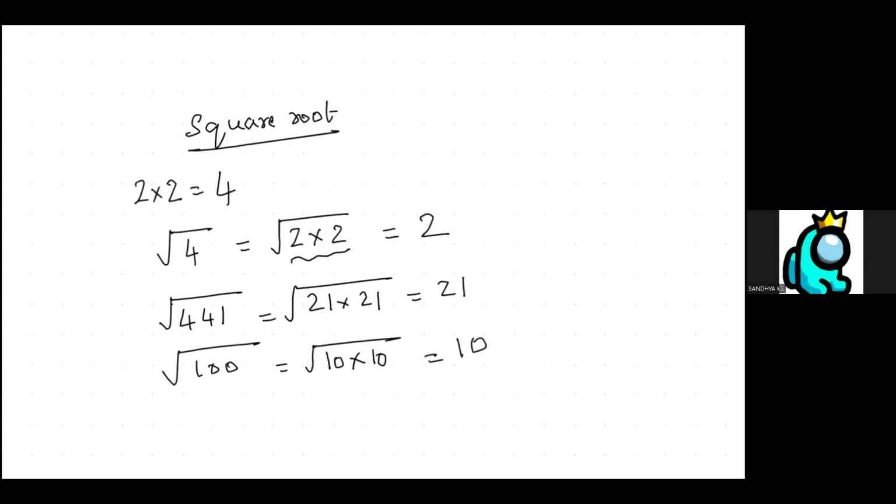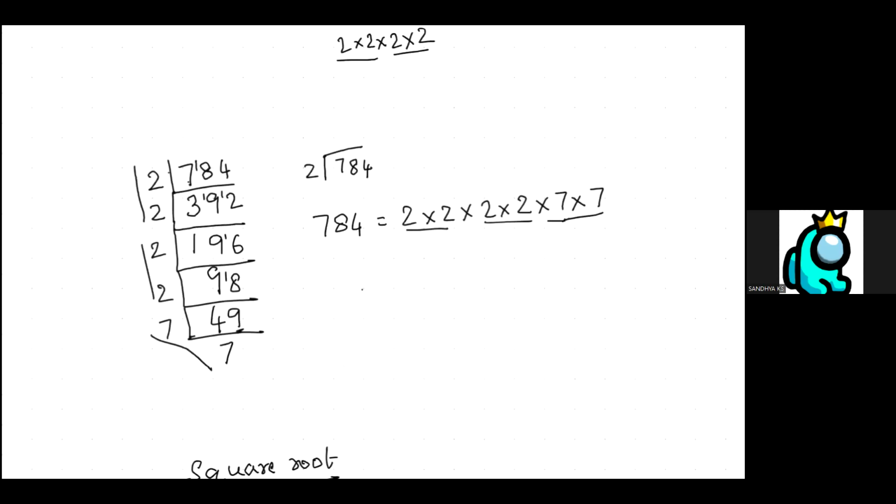I hope all are clear with this point. Now, coming back to this question, how can we find the square root of 784? The square root of 784 is equal to the square root of 2 multiplied by 2 multiplied by 2 multiplied by 2 multiplied by 7 multiplied by 7.